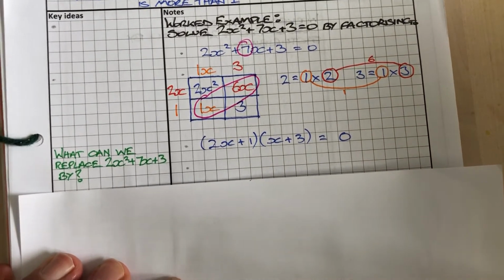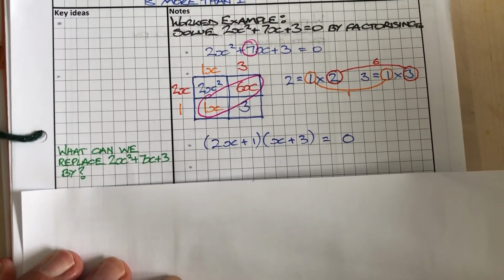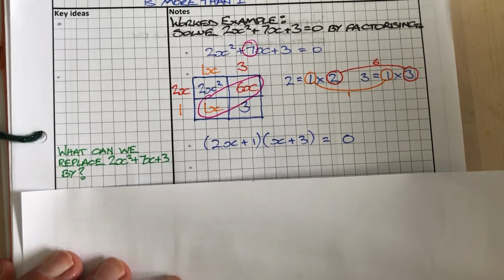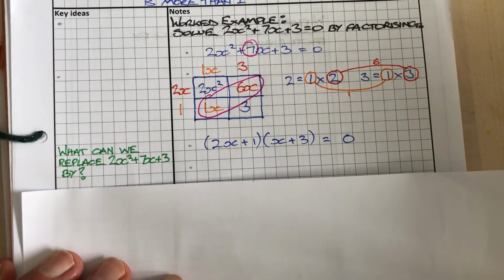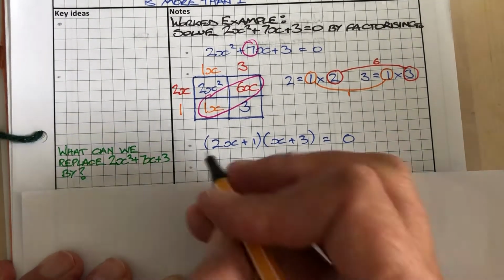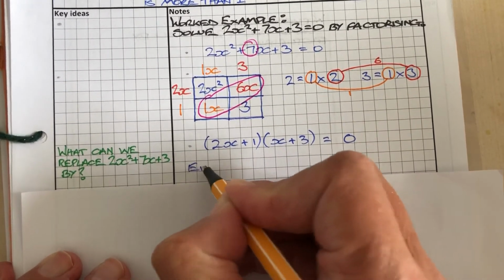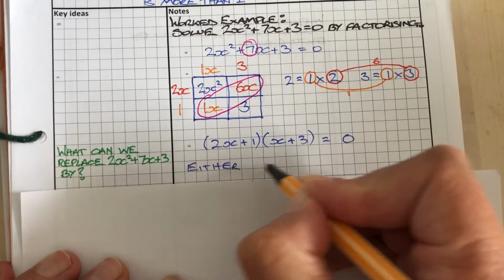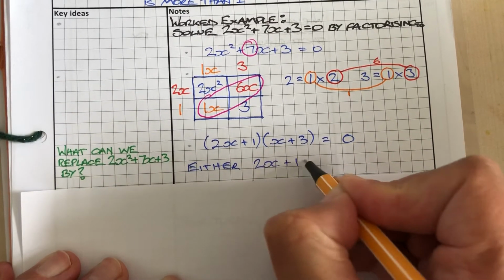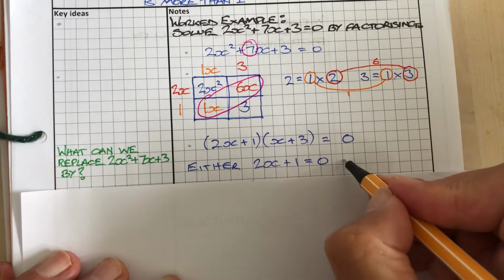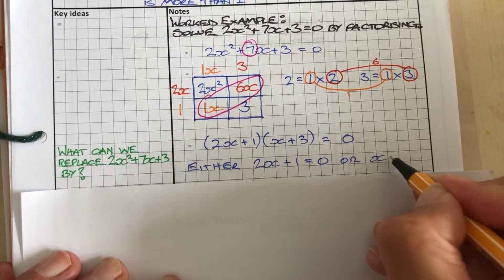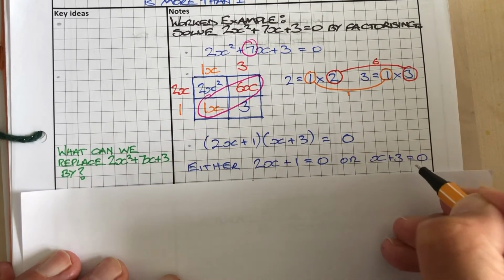I've still got two numbers that multiply together to make 0. So one of them must be 0. The magic still happens. And I can say either the first number is 0 or the second number is 0.